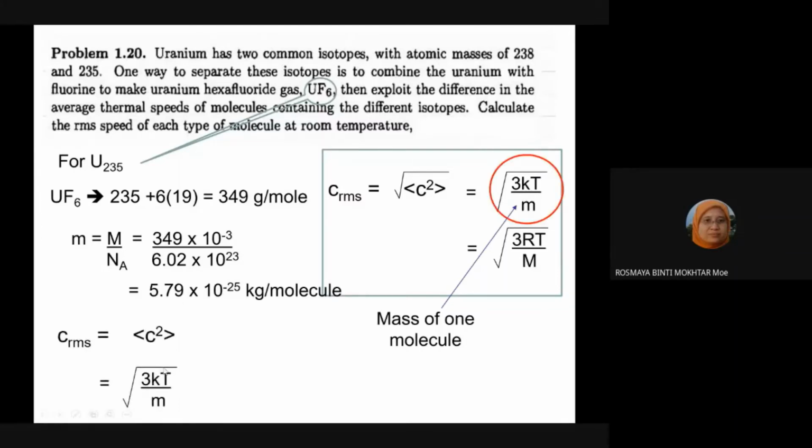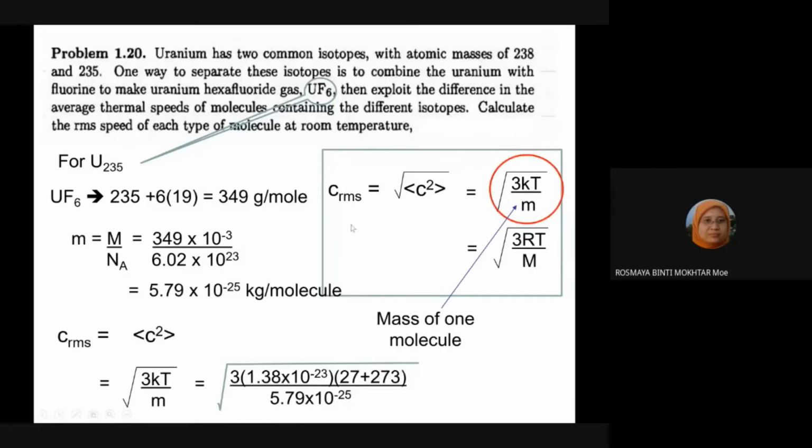So 3 times the Boltzmann constant, 1.38 times 10 to the power of negative 23, and then the absolute temperature, 27 plus 273 Kelvin. Not mentioned here, but room temperature is understood to be 27 degrees Celsius, so convert to Kelvin.